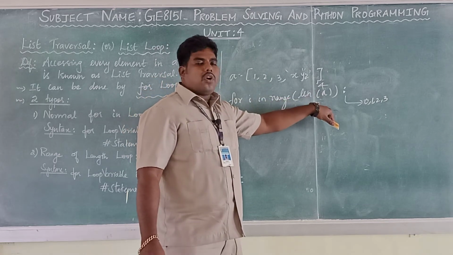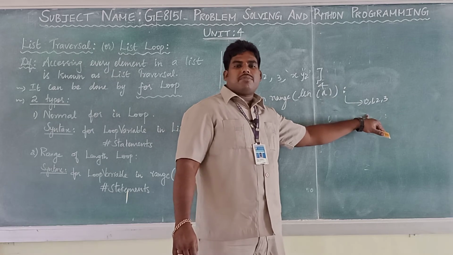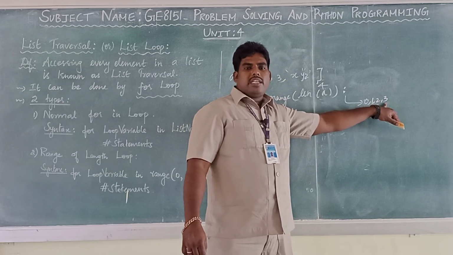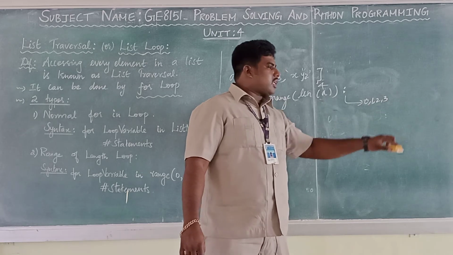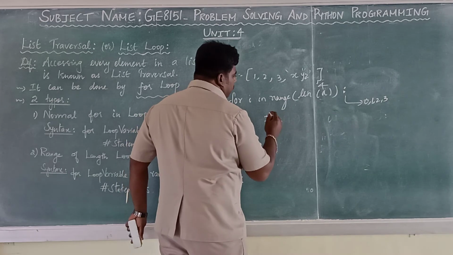Here range of 4 means by default it will start from 0, and the end is n minus 1: 0, 1, 2, 3. In the first iteration, what is the I value? 0, right?